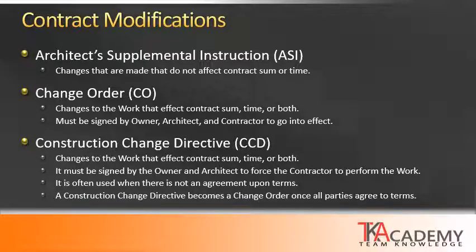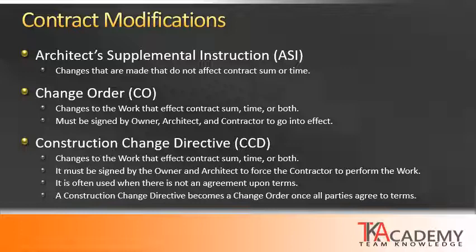For example, the RFP comes back to the team, and the owner and architect think that the contractor is trying to charge too much for the work that needs to be done, or taking too long, or it just has to be done now because it's an emergency, some unforeseen condition that needs to be addressed immediately, and we'll figure out the cost of it later, or something along those lines.